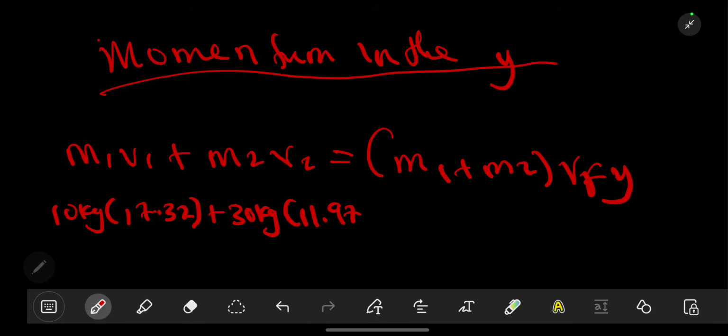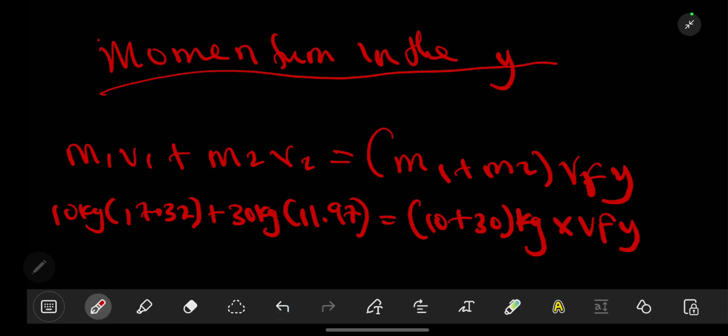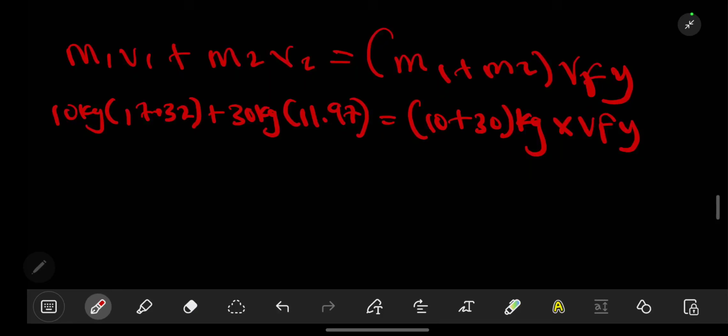Then this should be equal to mass number 1 which is 10 plus 30 kg times the VF in the y direction.